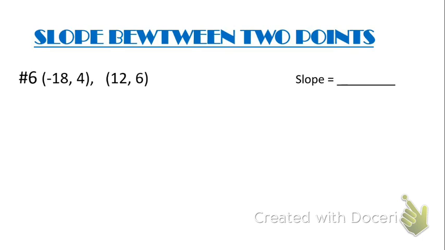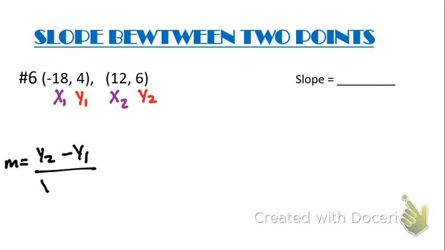Number 6. Again, let's label our points. This is your first x. This is your second x. This is your first y. This is your second y. Our formula dictates that the slope is y2 minus y1 over x2 minus x1. So we will put the numbers where they go.